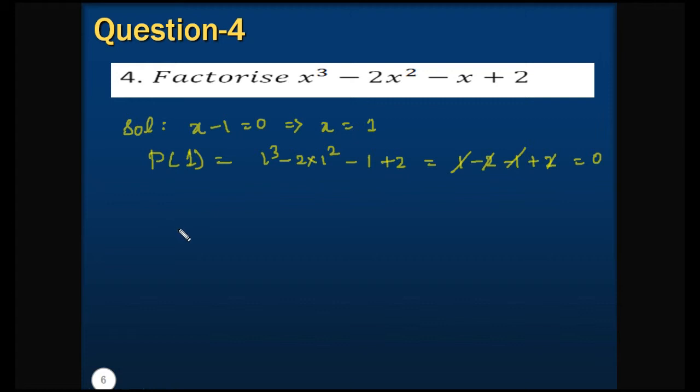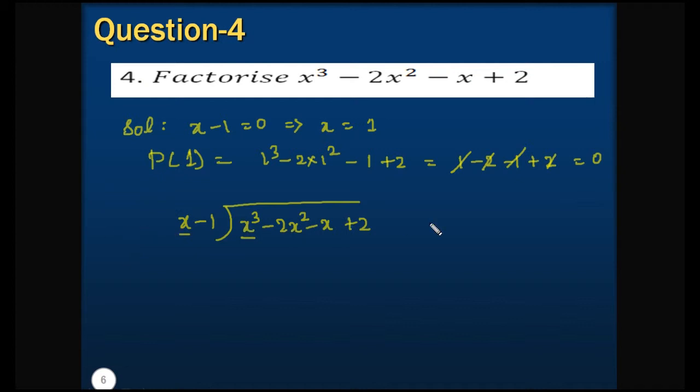Now once we know x minus 1 is a factor, let us use the division method in order to find the other factors. So the given dividend is x cube minus 2x square minus x plus 2. As we know, in the division method, first we consider the first term in the dividend and the first term in the divisor.